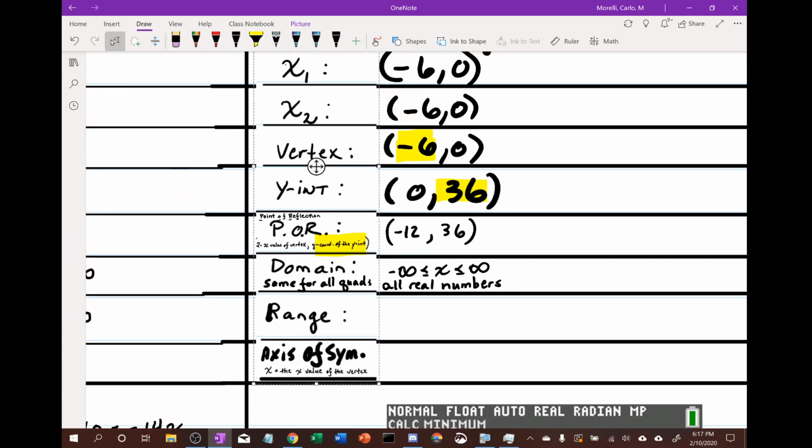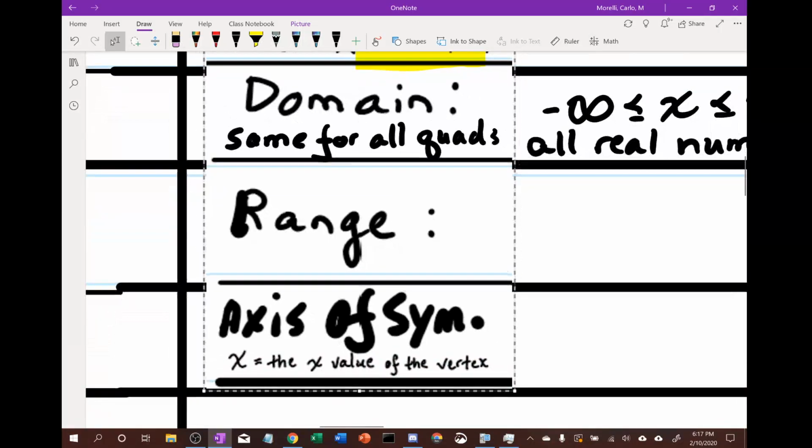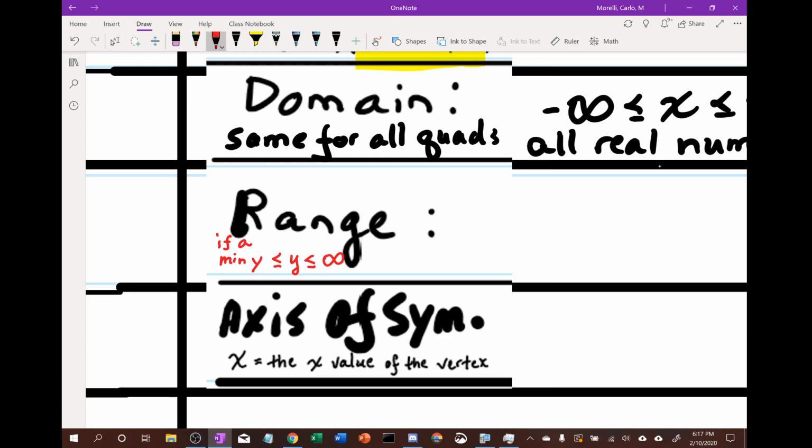Yep. Now the range, remember the range, guys. Here's how we do that one. What we do is we have this thing where it's the minimum y value. So I'm going to say min y less than or equal to y less than or equal to infinity if a is greater than 0.